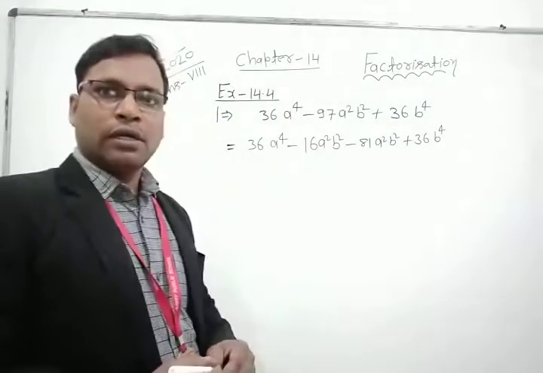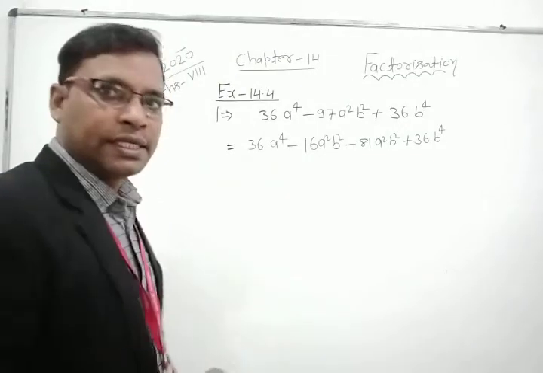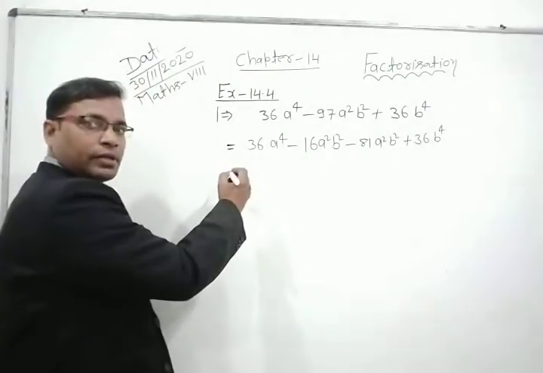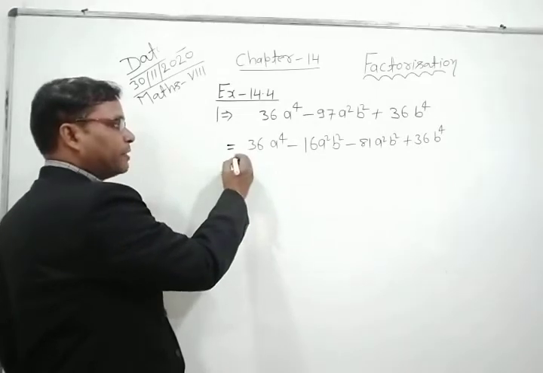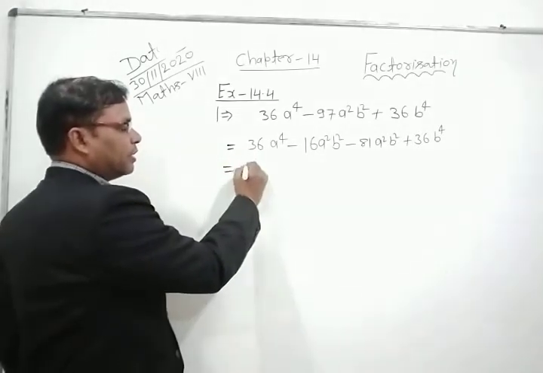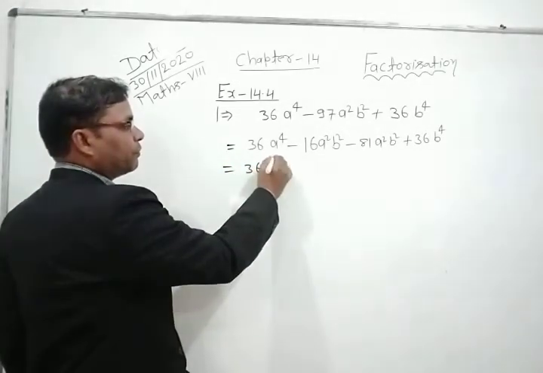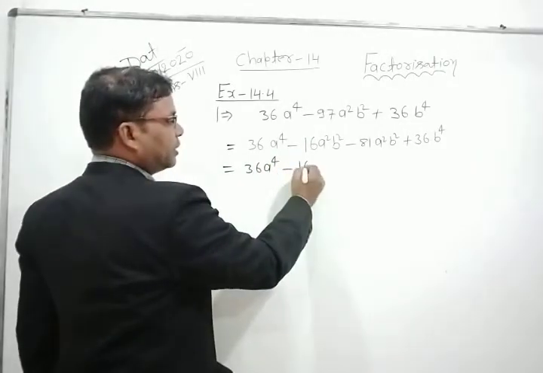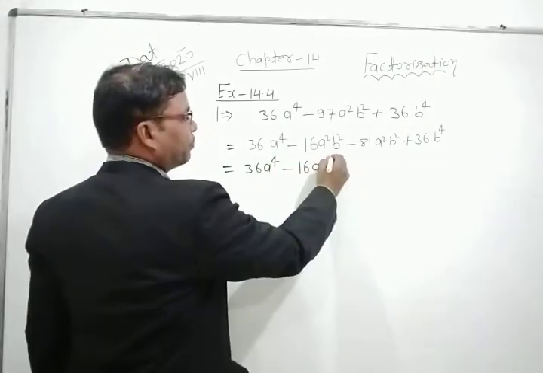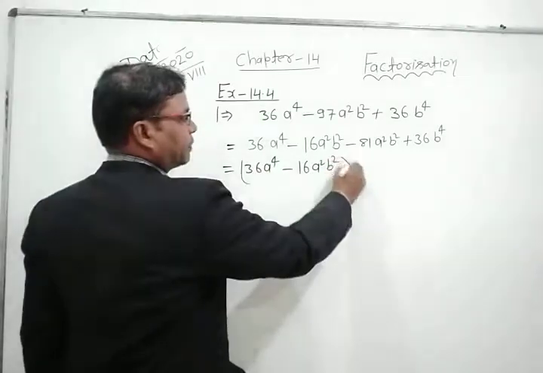So we can write here 36a^4 minus 16a^2b^2. This is the first group.